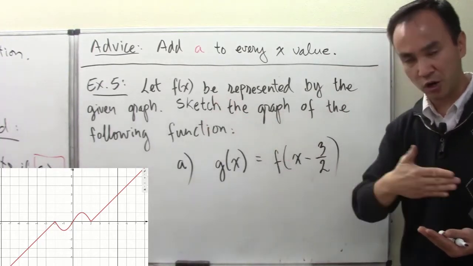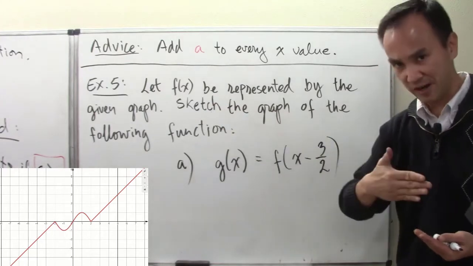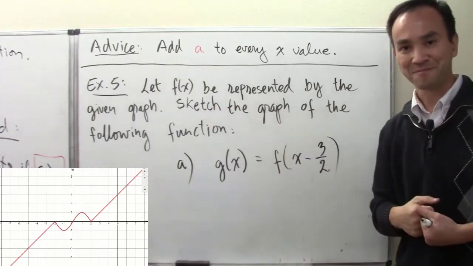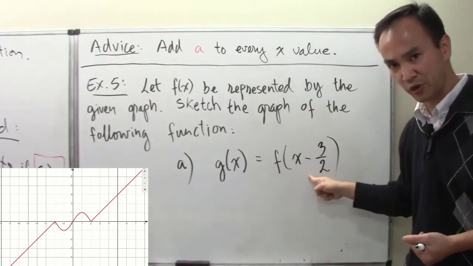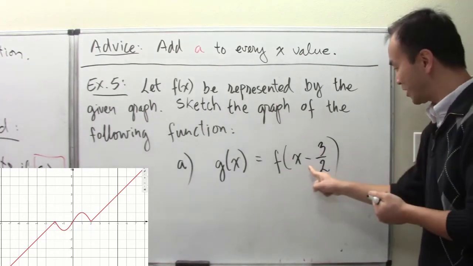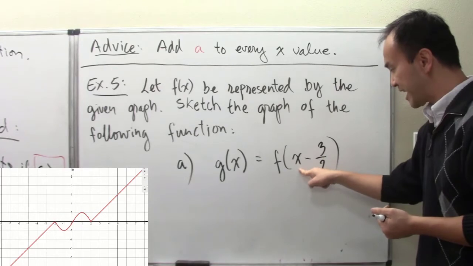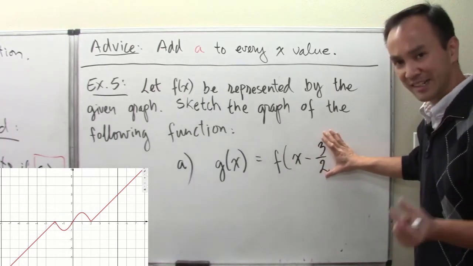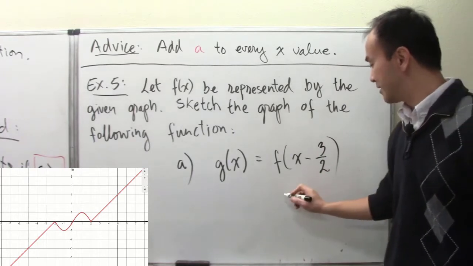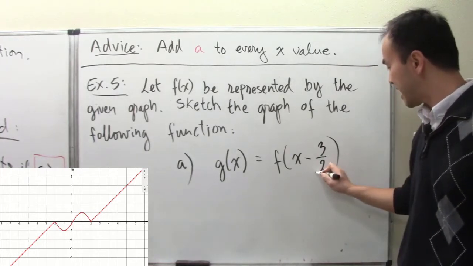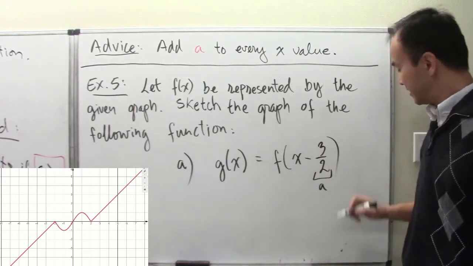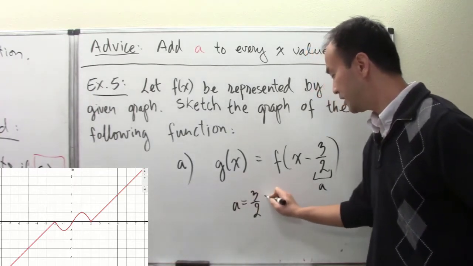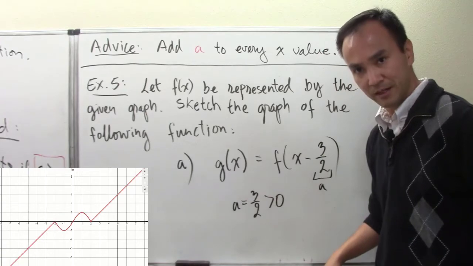That will confirm for us that there will be a horizontal shift coming ahead. Once we notice there's an x subtract, whatever value comes after the x subtract is the value we focus on. So this is A, and A now is 3/2. It's positive.